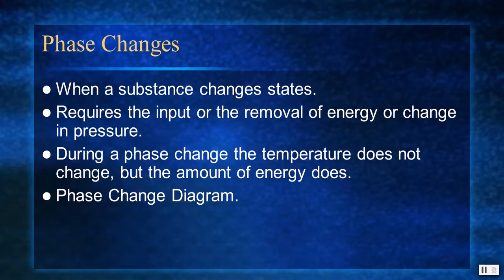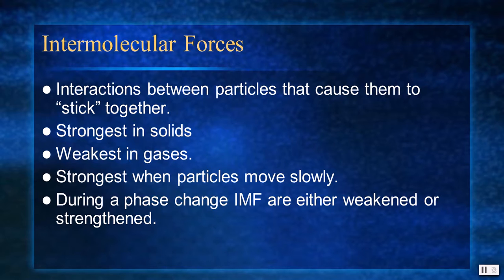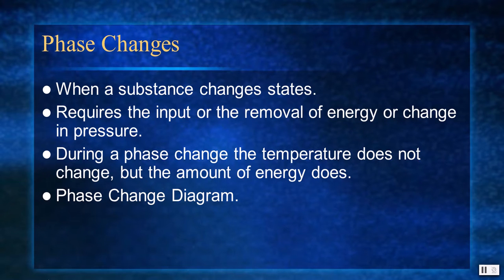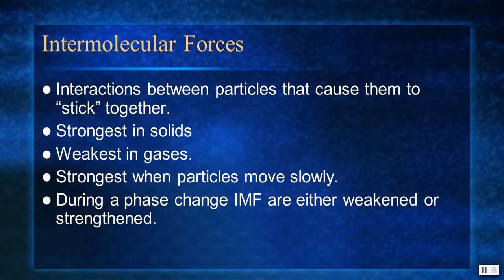If it's melting, all the energy is just going into changing it from a solid to a liquid. We're going to talk about this little phase diagram in a little bit, and hopefully it'll clear up a little more. But just know that if it's melting or boiling, the temperature is not changing.